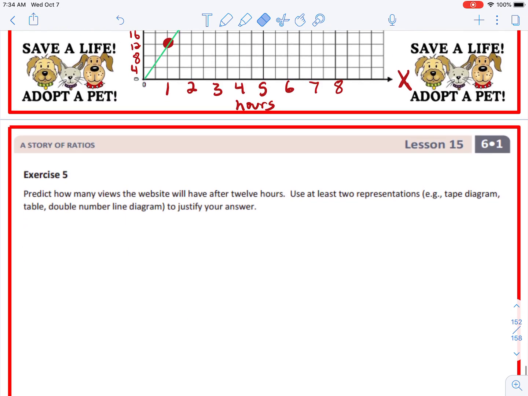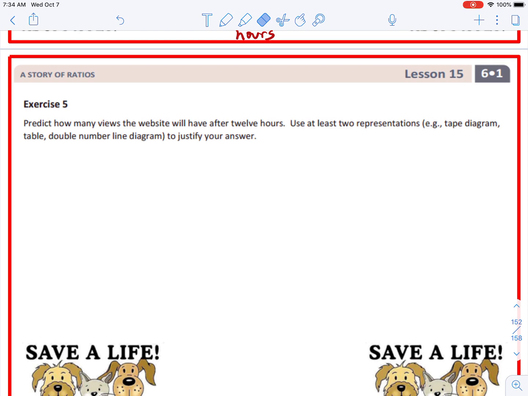Okay, let's move on. So it says, predict how many views the website will have after 12 hours. Use at least 2 representations to justify your answer.